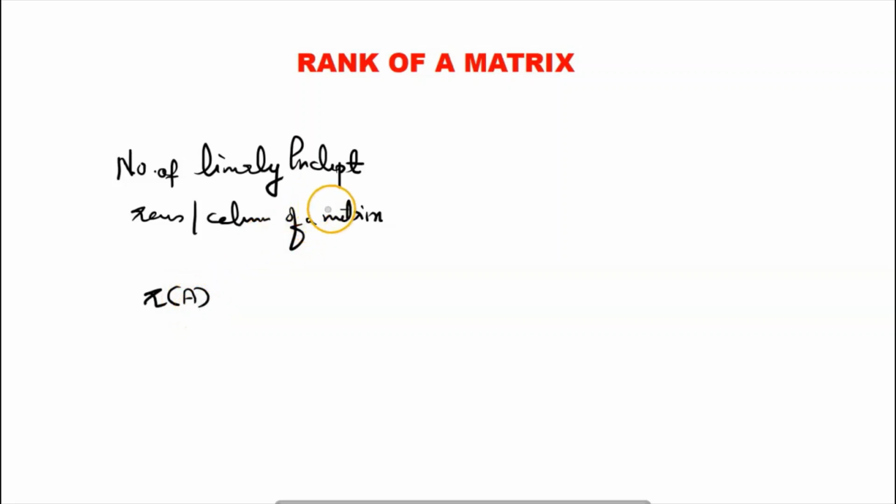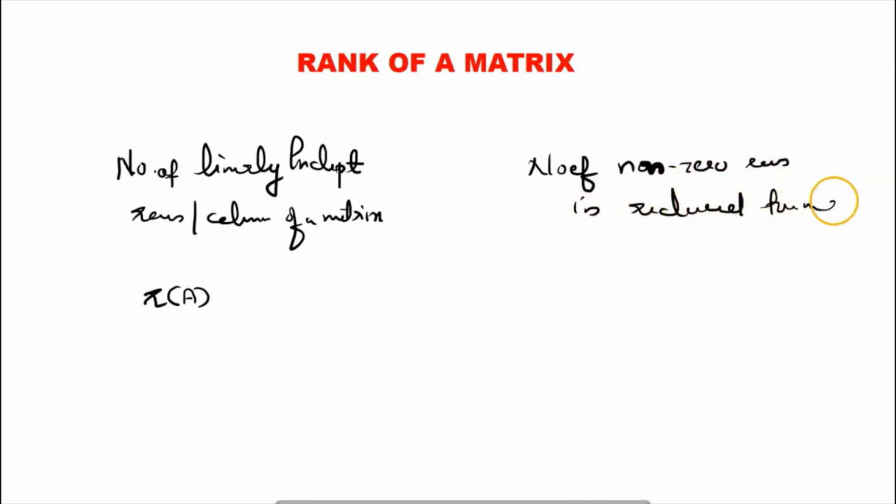Or equivalently we can say that it is the number of non-zero rows in reduced form of a matrix. That means in REF, that means row echelon form, or RREF.